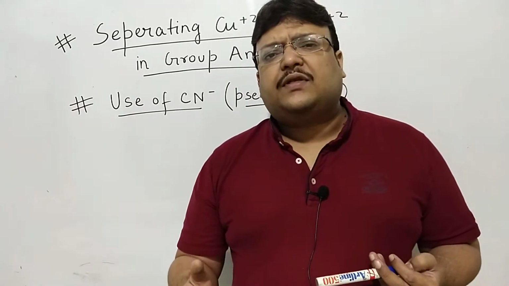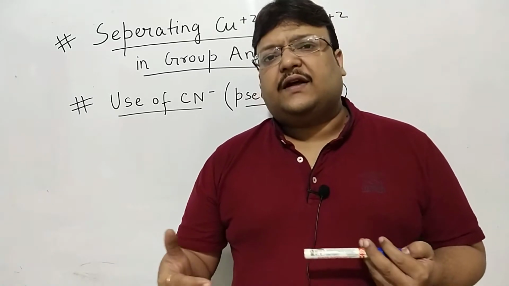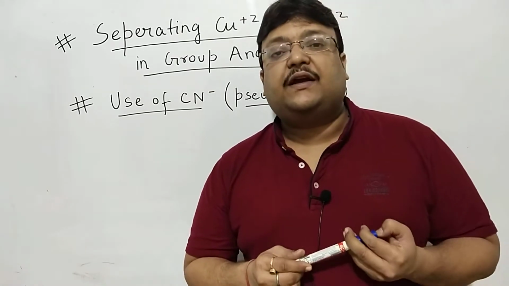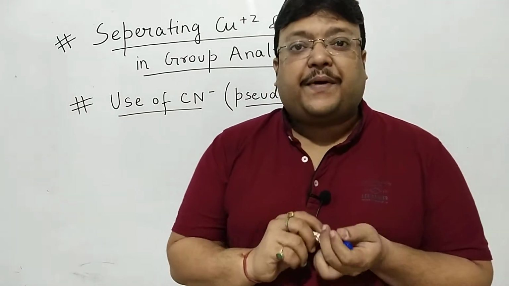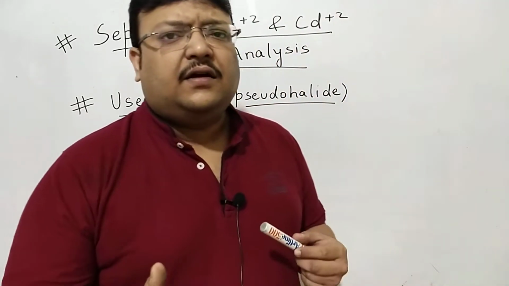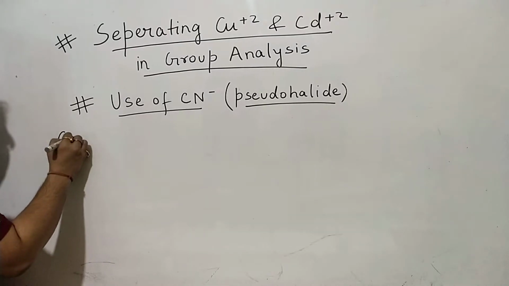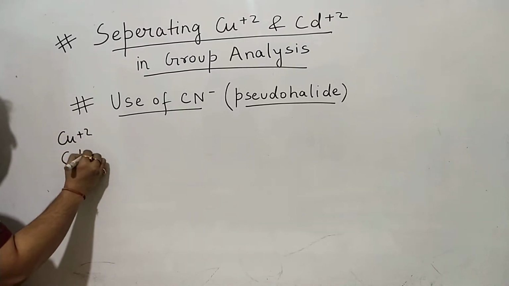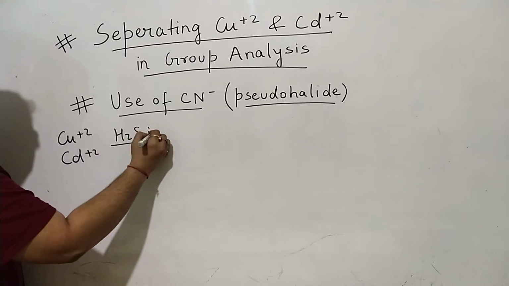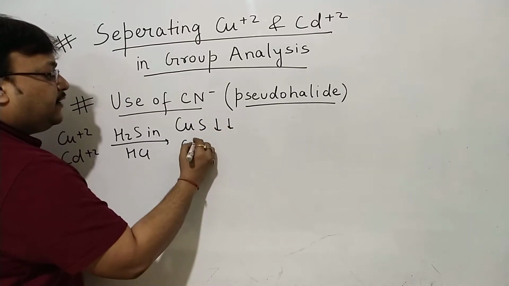We'll also get to know about some properties of copper salts, which will be otherwise useful in the test of copper and its salts. So let's begin with the problem at hand, which is that copper and cadmium precipitate together and dissolve together using any particular reagent. If you begin with copper and cadmium, the radicals precipitated with group 2 reagent H2S and HCl, both precipitate.